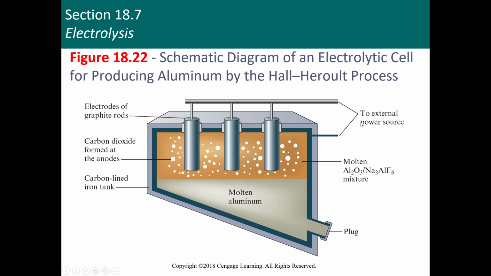You have this attached to an external power source. Here you have your electrodes of graphite rods that will produce this carbon dioxide that will be formed at your anodes, which will leak out. This is going to be a carbon-lined iron tank where the molten aluminum will collect, which you can then empty out like so. You would, of course, replug this in before this part drains.